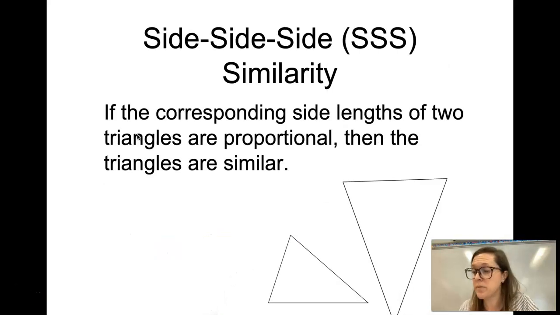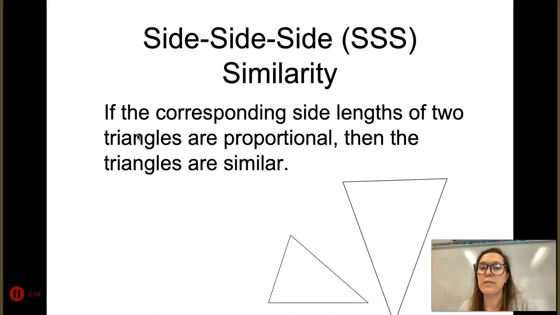We've seen this one before, but now with our side, side, side, we're not looking for congruency. What we're looking for is whether my sides are proportional. So it's a little bit trickier. I'm going to go ahead and label my triangles down here, D, E, F. It says if the corresponding side lengths of two triangles are proportional, then the triangles are similar.